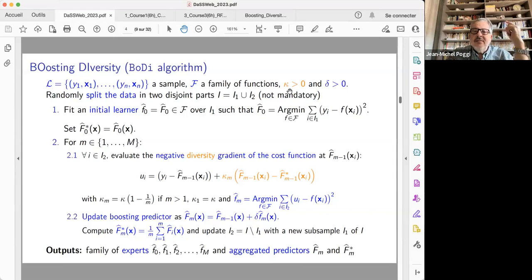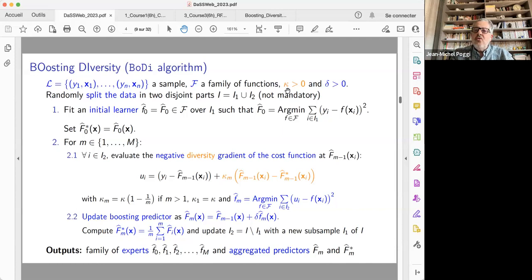It is kappa, how to choose kappa, but every trick you have, every way to manage boosting, your own experience about tuning parameters, selecting the number of steps, selecting delta, everything could be, of course, used in the same manner.